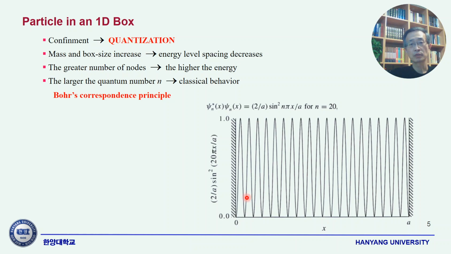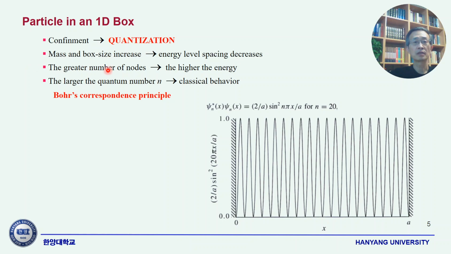For n equals 1, there was just one maximum. For n equals 2, two maxima. For n equals 3, three maxima, like this. For n equals 20, you have something like 20 maxima. For n equals infinity, maybe you observe something just flat.